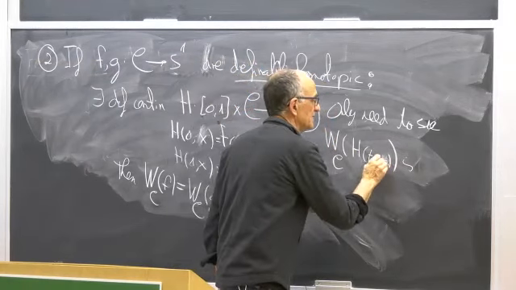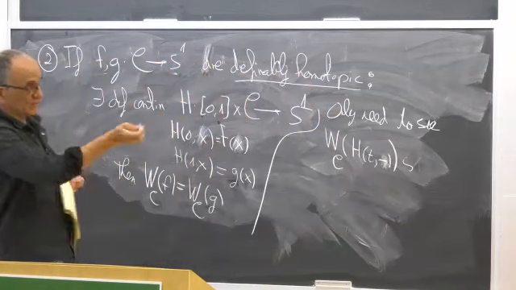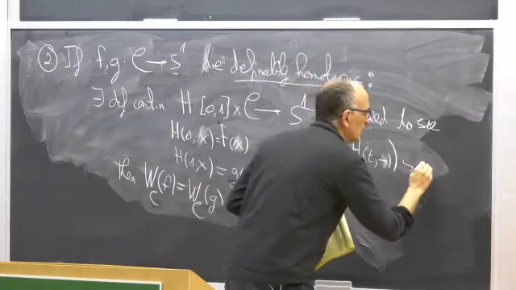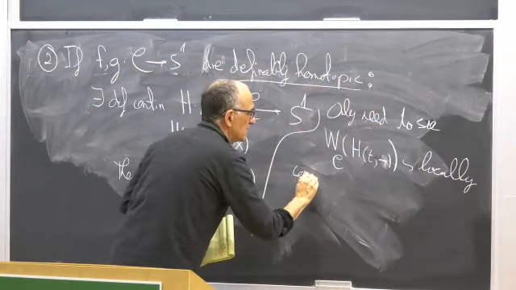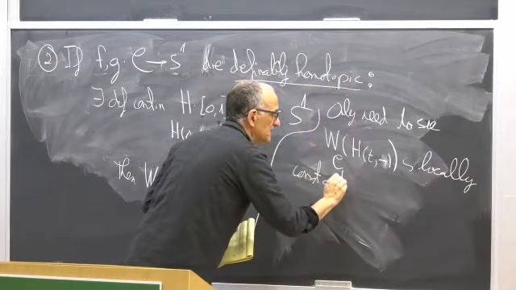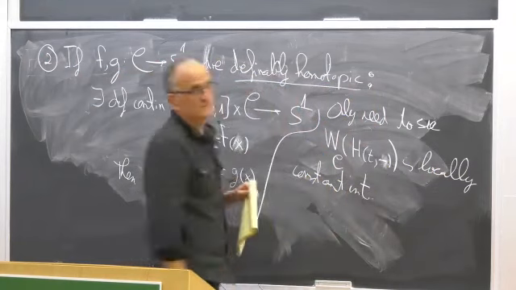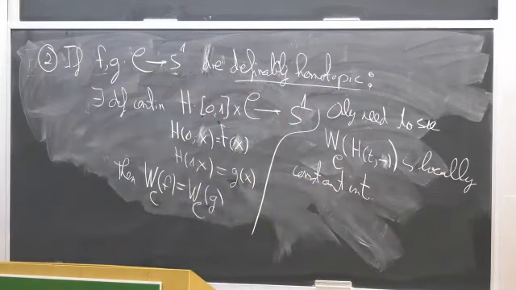Oh, I don't need the x even. So for every t, we have a function from C to S1, and its winding number is locally constant in t, because [0,1] is definably connected.